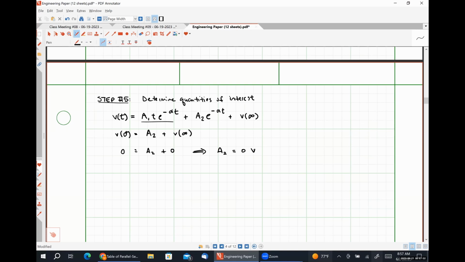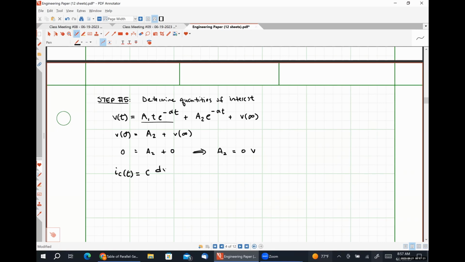Now, for our second step, we're always going to want to do the derivative-based relationship for whatever quantity we did in our first step. So that means in this case, I'm going to be looking at capacitor current. Okay. So capacitor current is C times the derivative of our voltage.